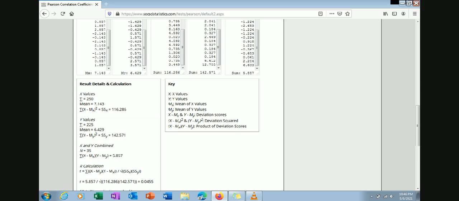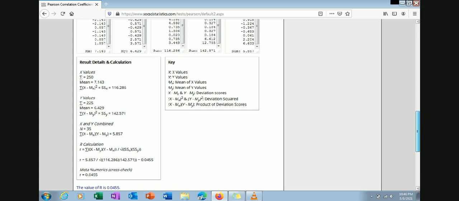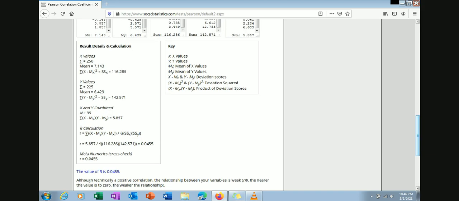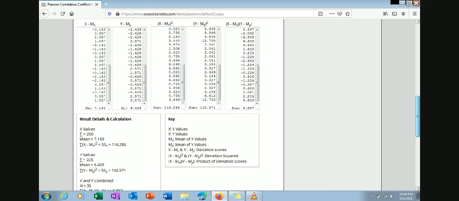So, ganun sa y values naman, meron tayong sum na 225, mean na 6.429, then deviation squared is 142.571. Y and x and y combined. So, yung number of respondents natin is 35. So, yun, pinag-combine siya. Meron tayong nakuha na 5.857.